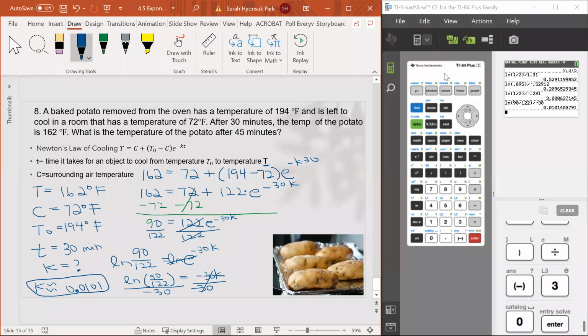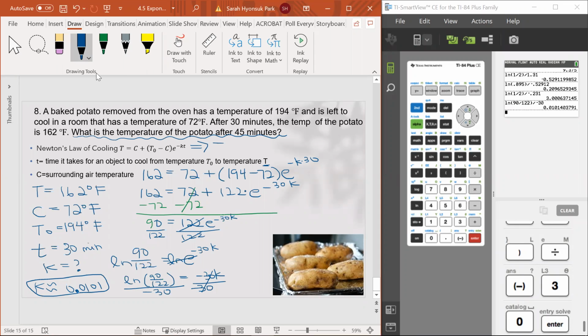Okay, so I think I need more space to write the equation down. We didn't answer the question yet, because it's asking what is the temperature of the potato after 45 minutes. So now I'm going to rewrite this equation as T equals C plus T initial. Actually, we can even just plug stuff in.